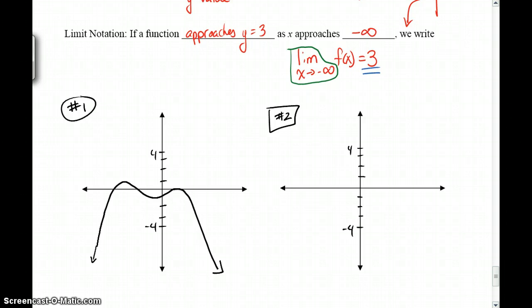So we'll have this go off this way, and then it'll come back up, go across, come back down, almost horizontal. So we have a line right here.